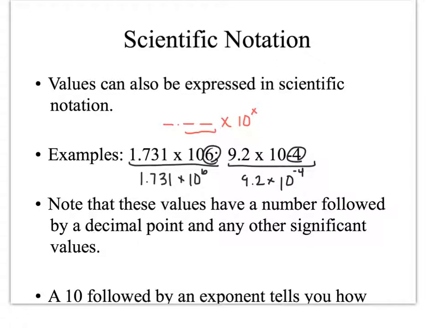So the values have a number followed by a decimal point and any other significant value, and then a 10 followed by an exponent. And that exponent tells you how many positions you would need to move your decimal to get back to the original number that you have. We often use scientific notation so that our numbers look cleaner, so we don't have these large numbers with lots of zeros and digits following them, or lots of zeros before them.